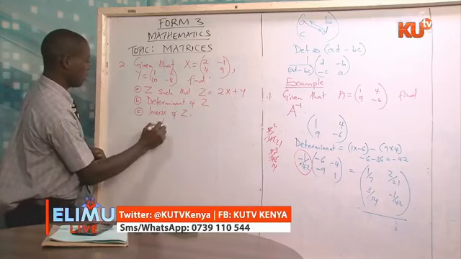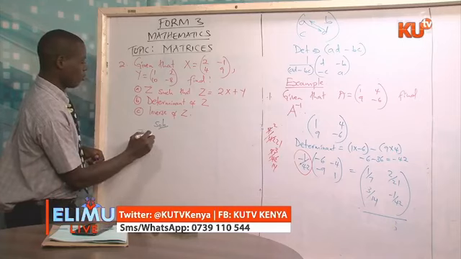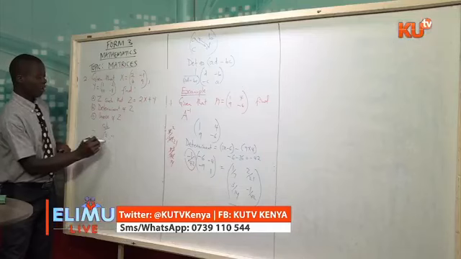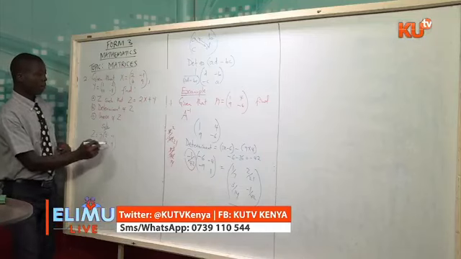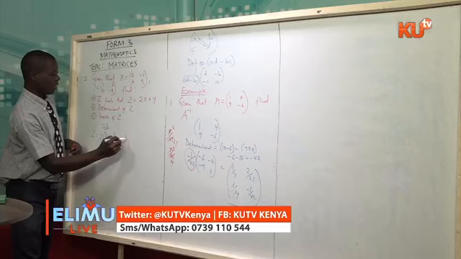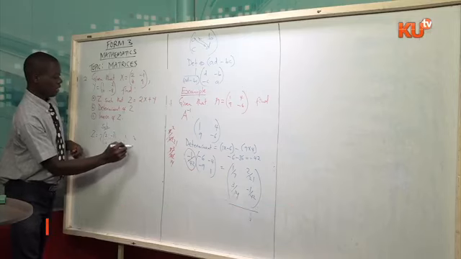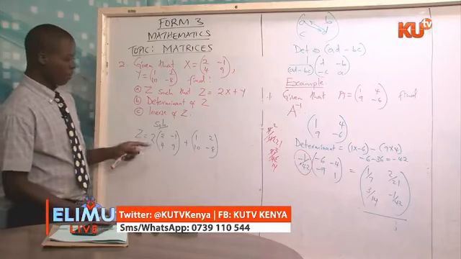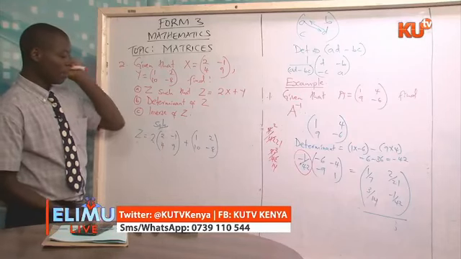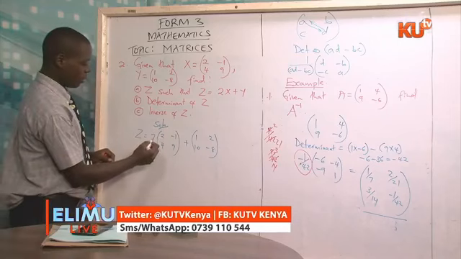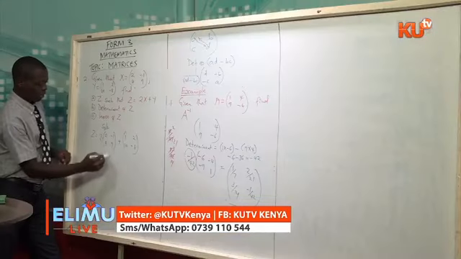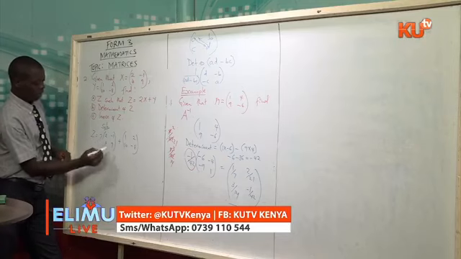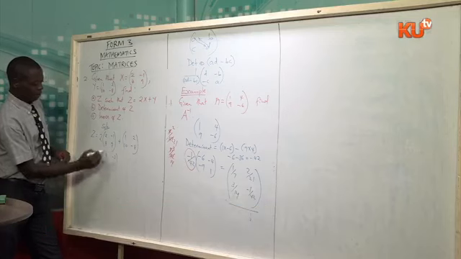So we'll start from that point and say our Z will be equal to 2 into X. X is 2, negative 1, 4, 9, plus Y, which is 1, 2, 10, negative 8. Now we expand. Multiply what is outside the bracket by every element in the bracket. So that will be 2 by 2 is 4, 2 by negative 1 is negative 2, 2 by 4 is 8, 2 by 9 is 18.